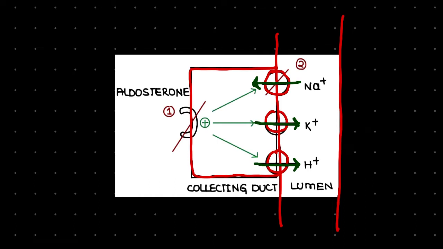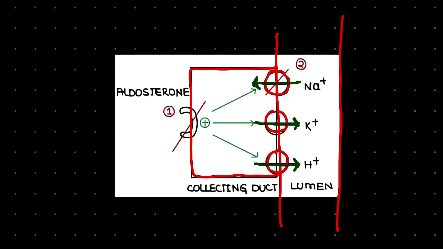One important feature of these three transporters is that when we inhibit sodium reabsorption, both of these other phenomena will be stopped. That means sodium reabsorption regulates the excretion of potassium and hydrogen ion. So whenever we inhibit this, there will be inhibition of these two transporters also.